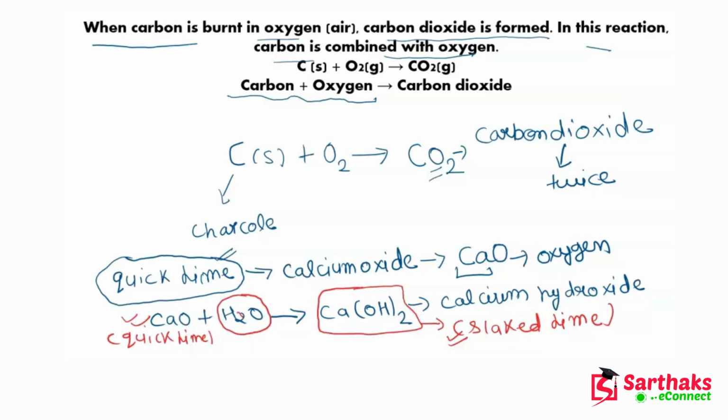So guys, this is an example of combination reaction. Whenever this quicklime reacts with water, it gives us calcium hydroxide, and heat is also evolved. Let me write it here. Heat.